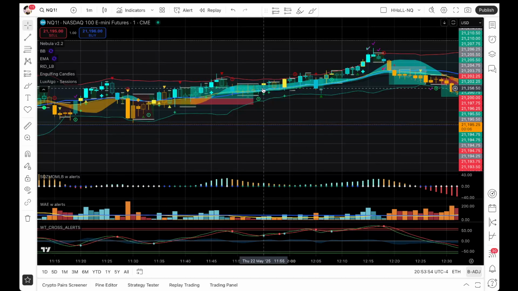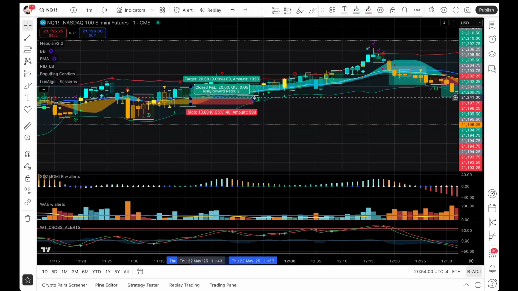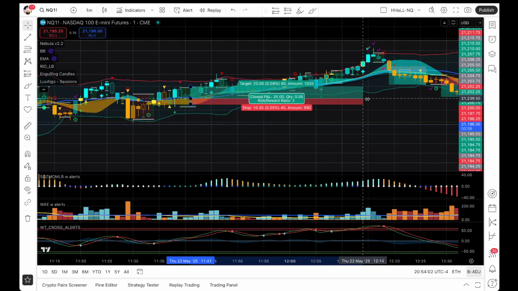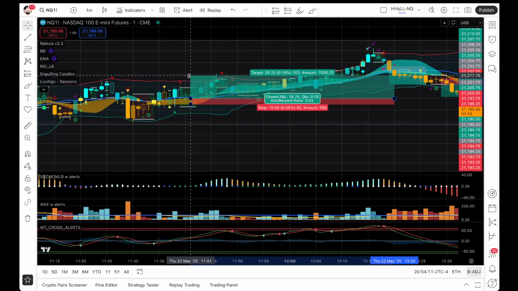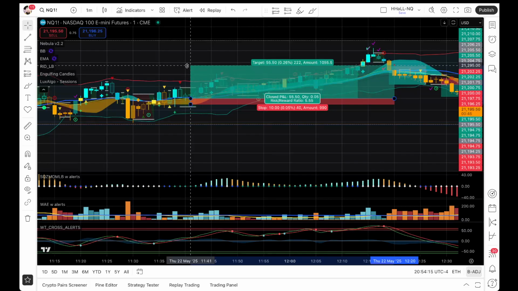Although it breaks down here briefly, it goes back up, and breaks down here, but the next candle goes back up. If we can hang on to it while it stays above, and then it breaks through down hard here, we could have got something like 30 points. If we had a 50-point take profit, we could easily hit that.